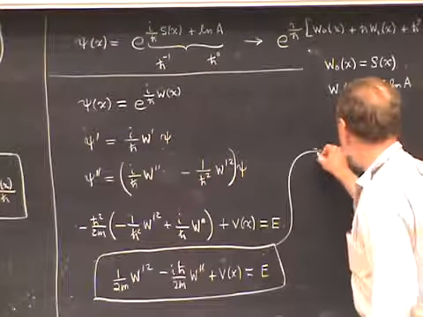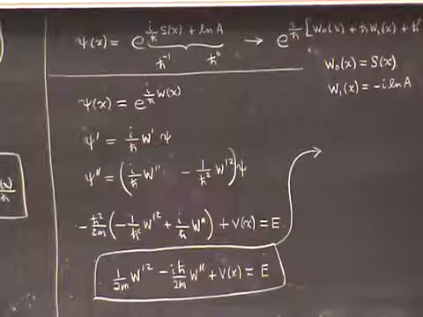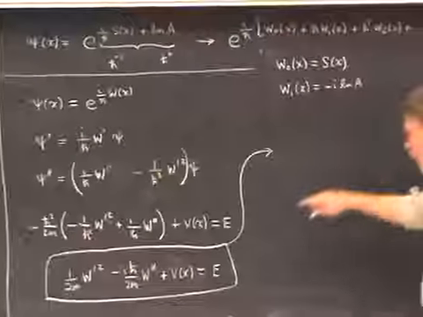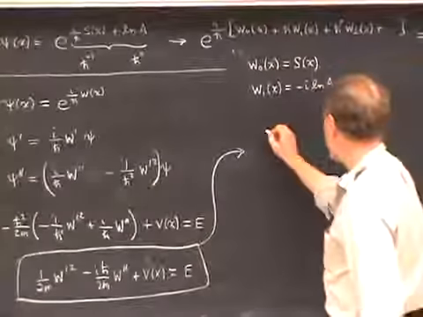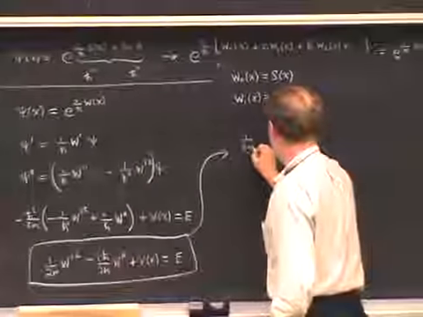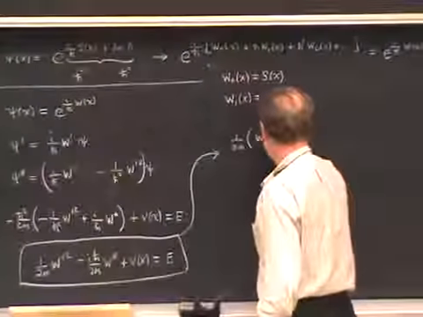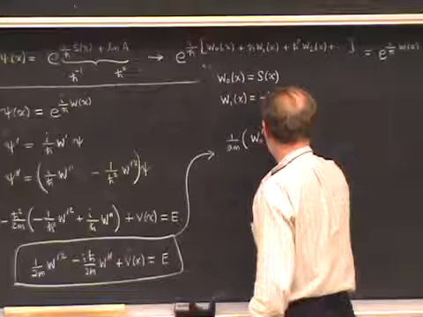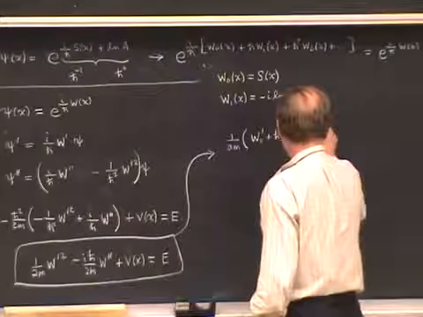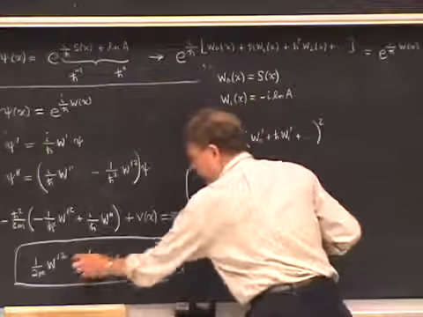However, what I will do now is to substitute this expansion in for the w's here. So this becomes 1 over 2m, and then for w prime it becomes w0 prime plus h bar times w1 prime plus dot dot dot, quantity squared. That's for the first term here.